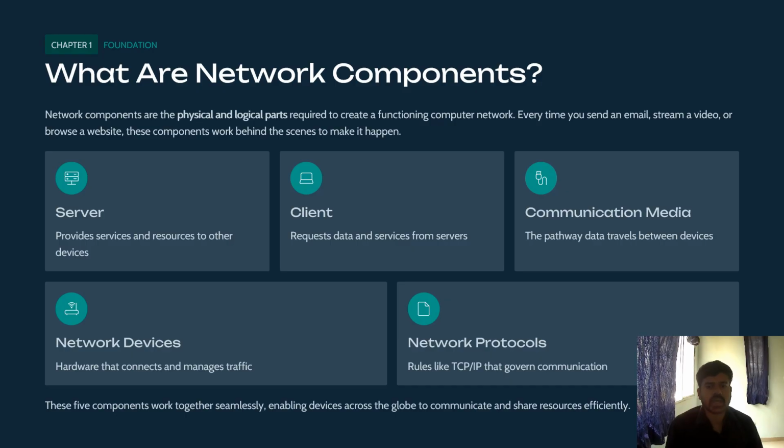There are five important components. The first one is server, then client, communication media, network devices, and protocols. Today we will focus only on the first four. Let's understand them one by one.